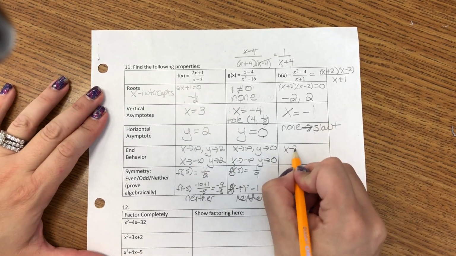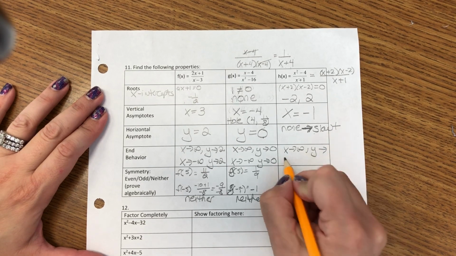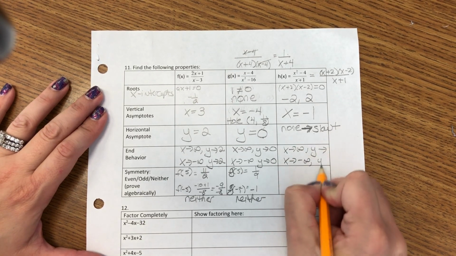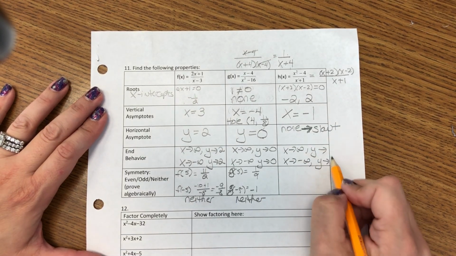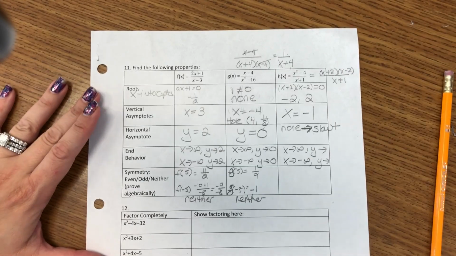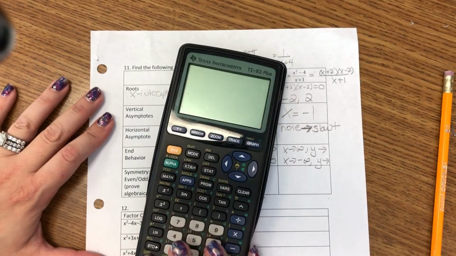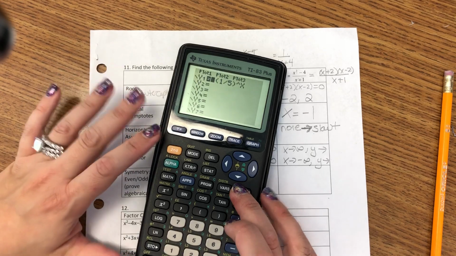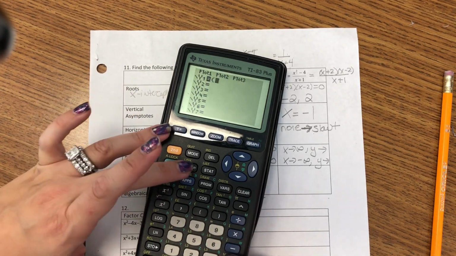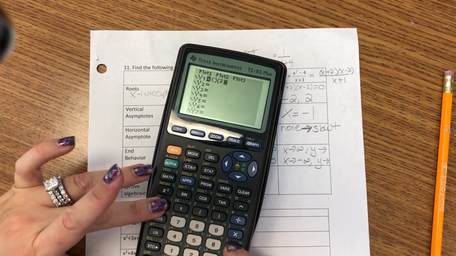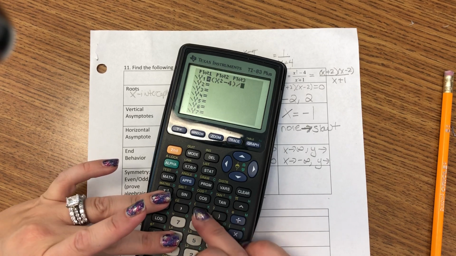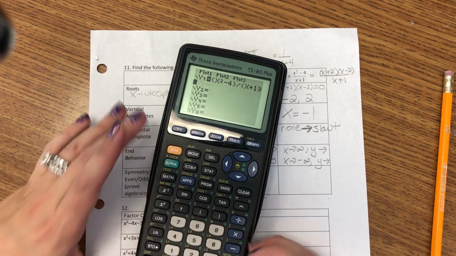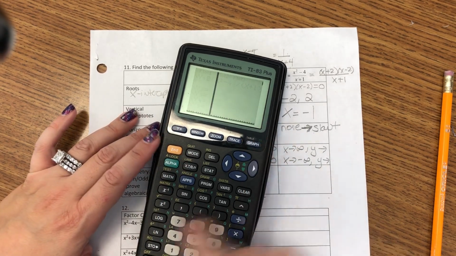For end behavior, I'm going to look at my graph, because with a slant asymptote, these are either going to be positive or negative infinity. Got my calculator. Now, when you put the numerator into y equals, you must put parentheses around it. Same thing with the denominator. Oop, my window.